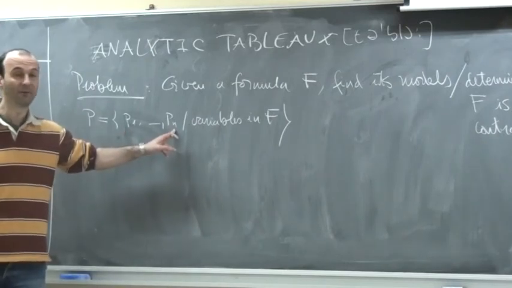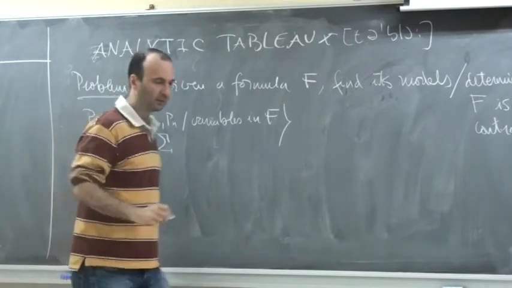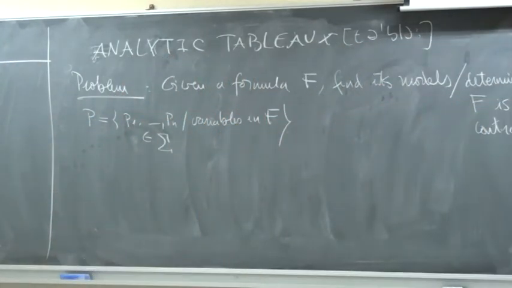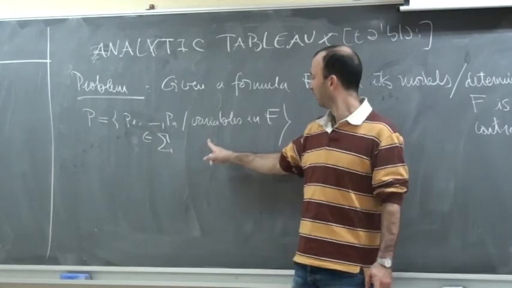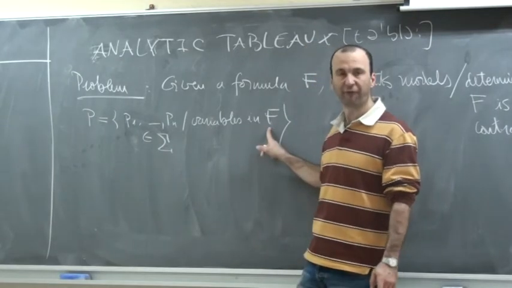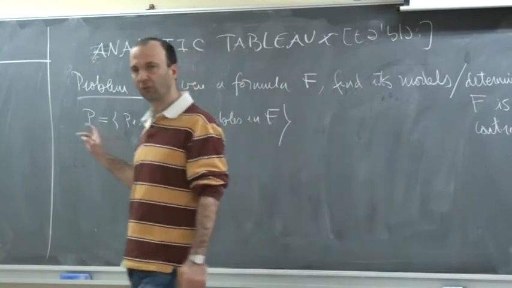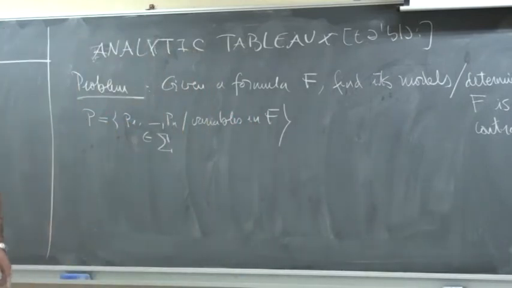If you want to be more precise, capital sigma. Let's call P the set of the propositional variables appearing in F. How many rows will the truth table of F have?